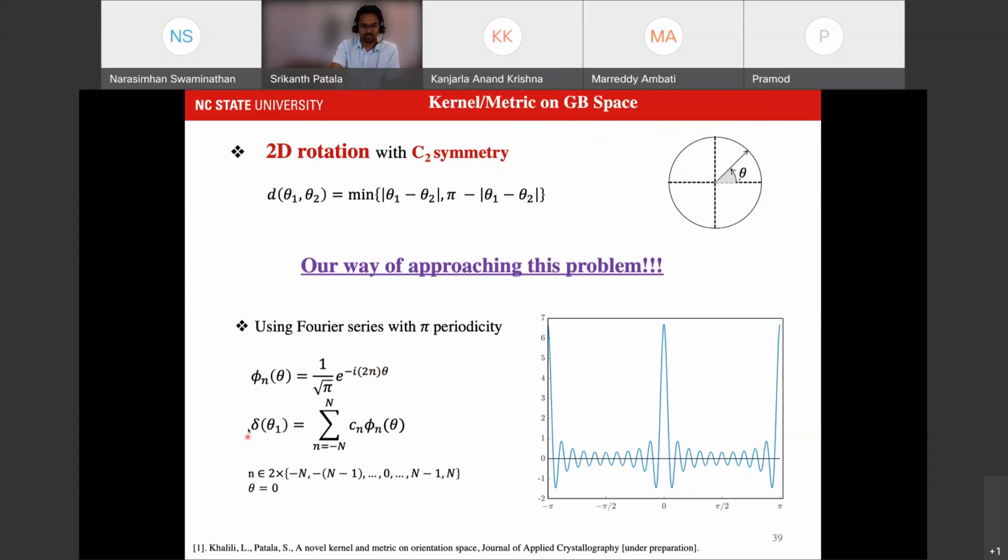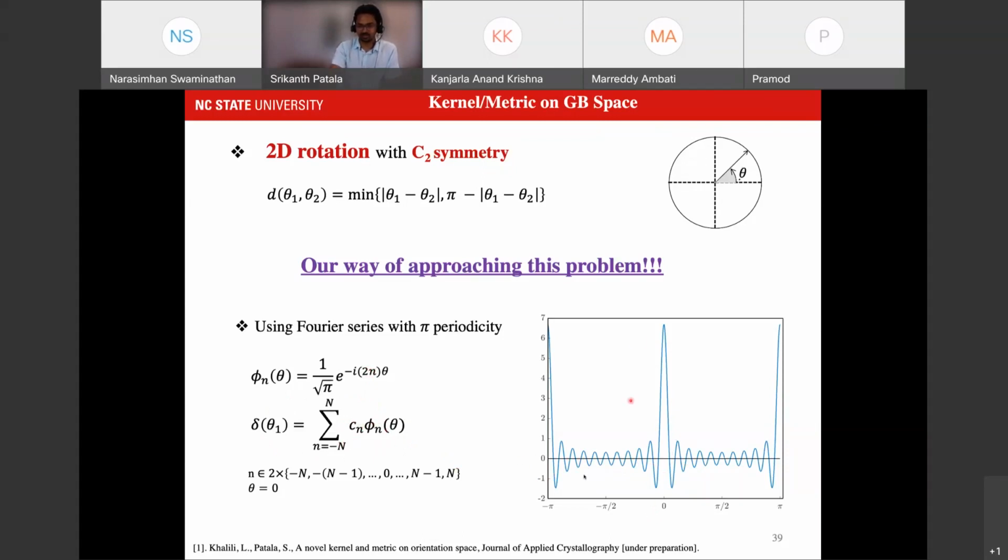And what we do is then define a delta function using the Fourier series. So this is, for example, shown here as a delta function that's built using the Fourier series basis functions. So what we use is the coefficients of this basis function as the descriptor, which already has the symmetry built into it.